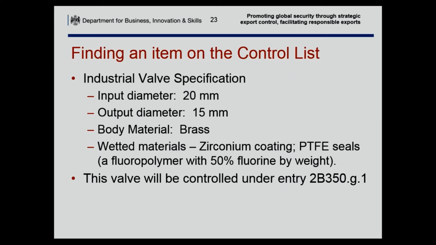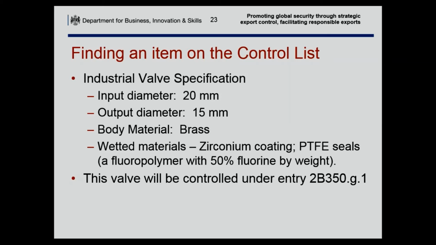It either is controlled, i.e. it meets those parameters, or it doesn't. In fact, if our valve hadn't met those parameters, I would have had to carry on to look at 2 to see if it's controlled there, and carry on until I finished looking at 2B350 until I'm certain that the goods are not controlled there. So that's an example of a relatively typical industrial valve.